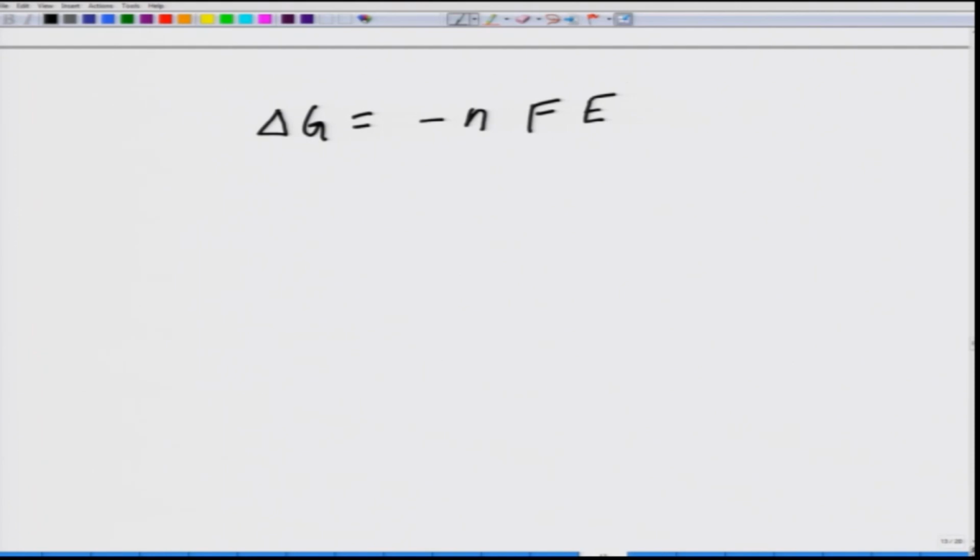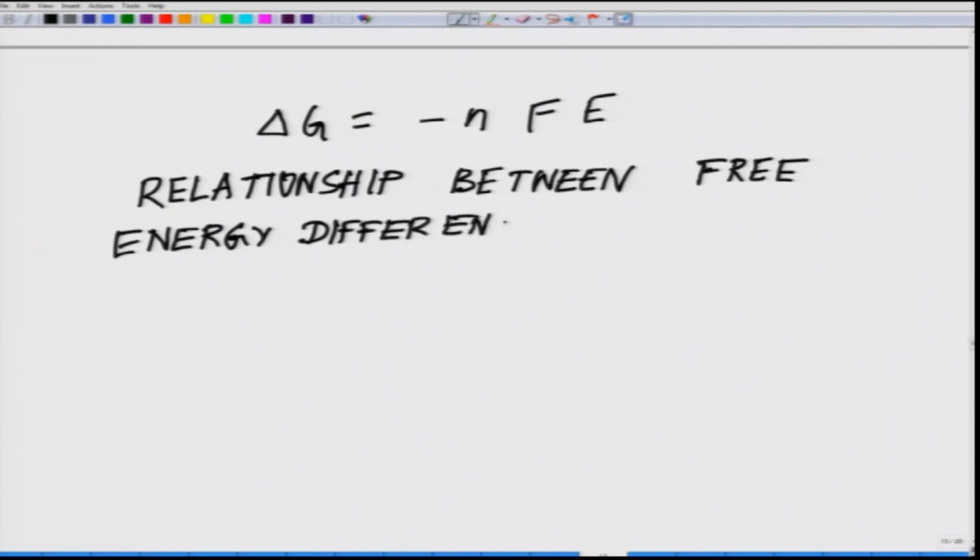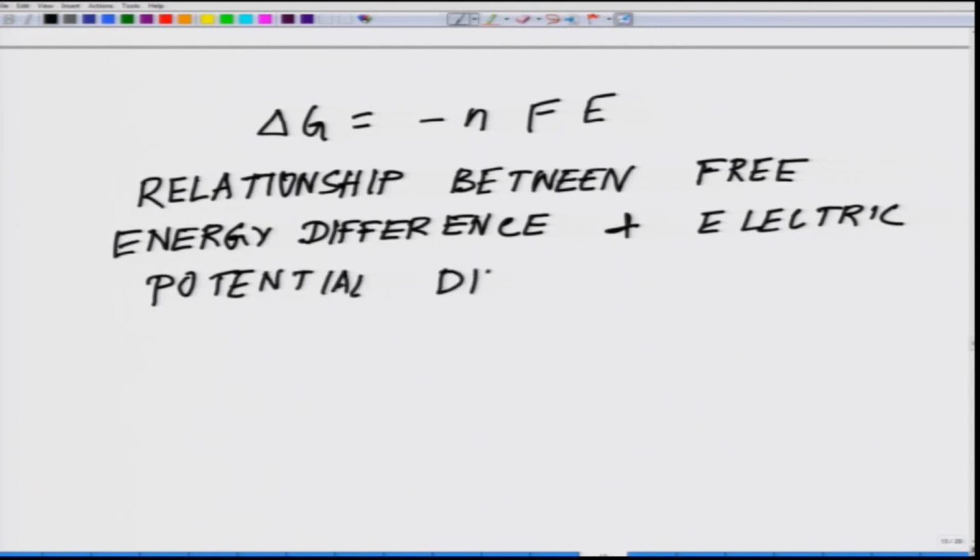If you look at this relation, this is the relationship between free energy difference and electric potential difference.